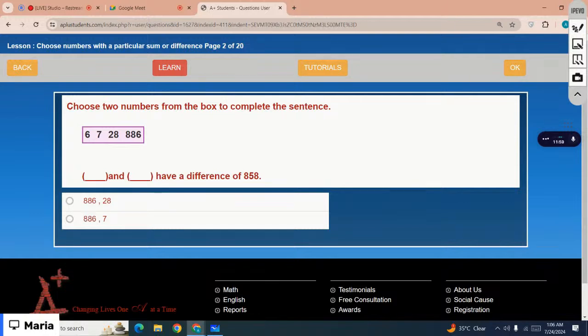Okay, choose two numbers from the box to complete the sentence. Dash and dash have a difference of 858. Which two numbers have the difference 858? Which is the correct option? 886 and 28, or 886 and 7?